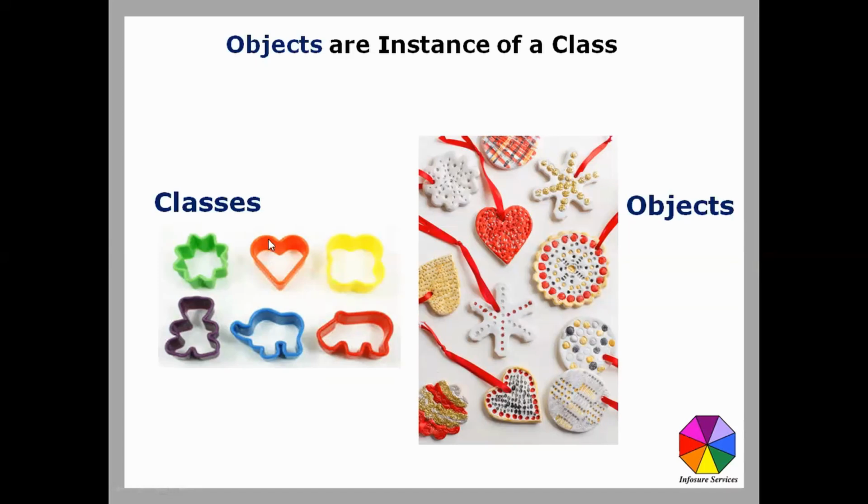So the property of the class is in the object, which is an instance of the class. So we have multiple objects. Each of them has the same properties and methods of the class, but they are separate instances. This is one red cookie. This is another one. This is another blue and red cookie.